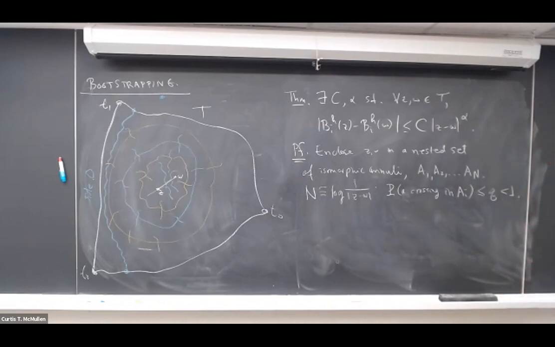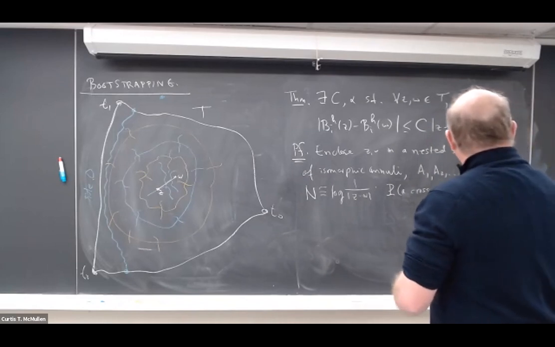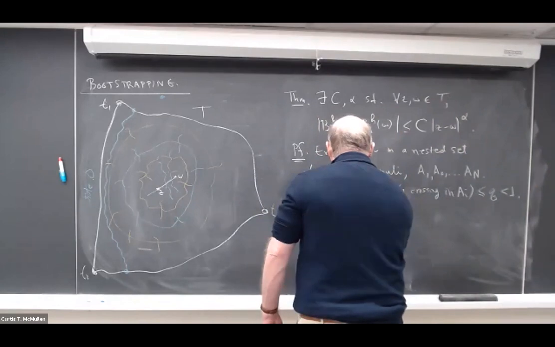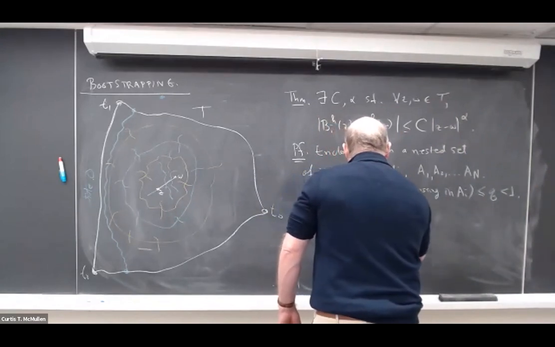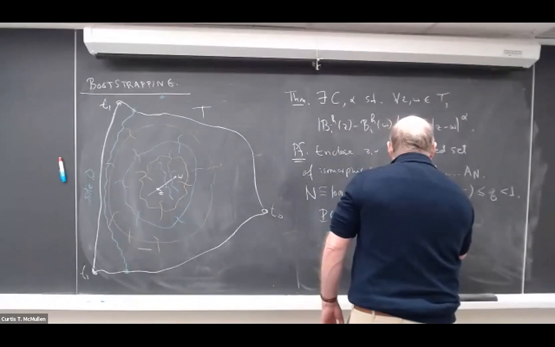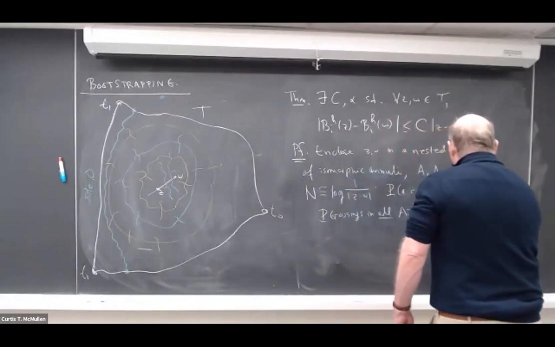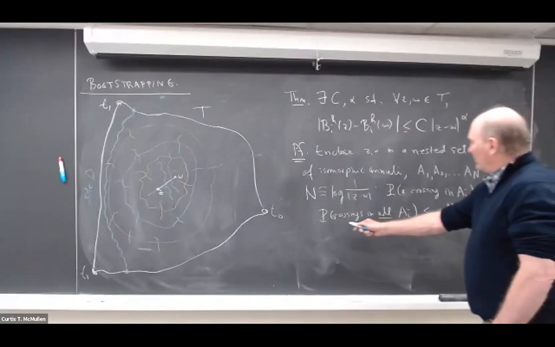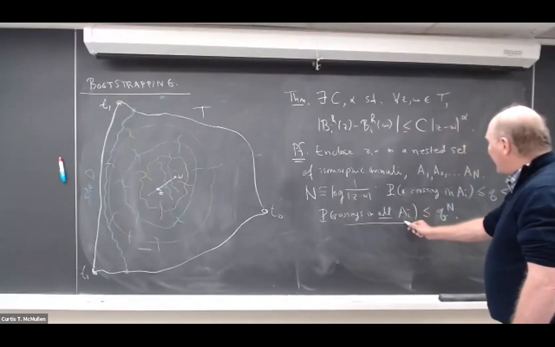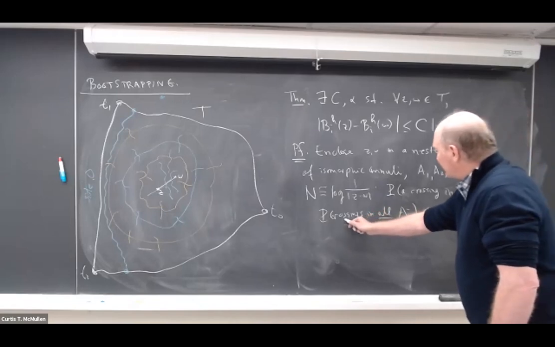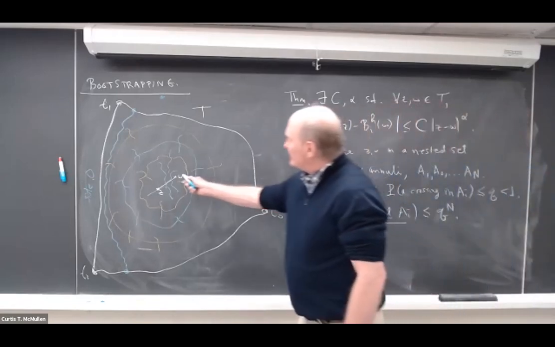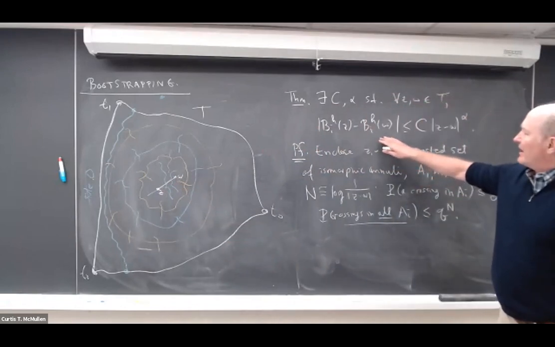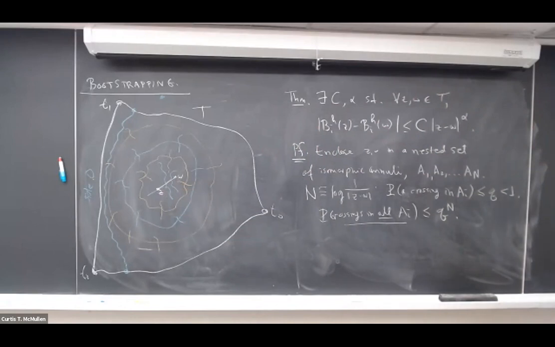And again, these are a decreasing sequence of events. So the probability of crossings in all A sub I is less than or equal to Q to the N. But when this fails, when there is at least one A sub I where there's no crossing, Z and W are in an island. And then the contribution to this probability is the same.